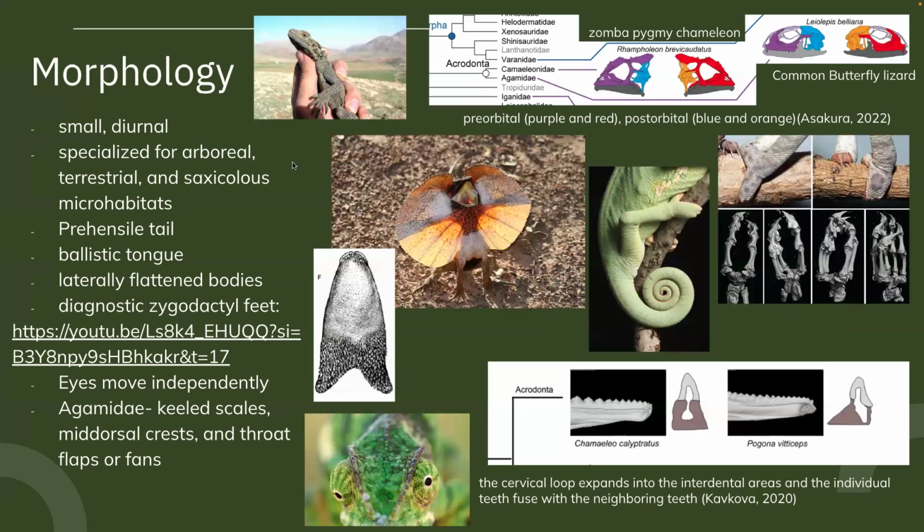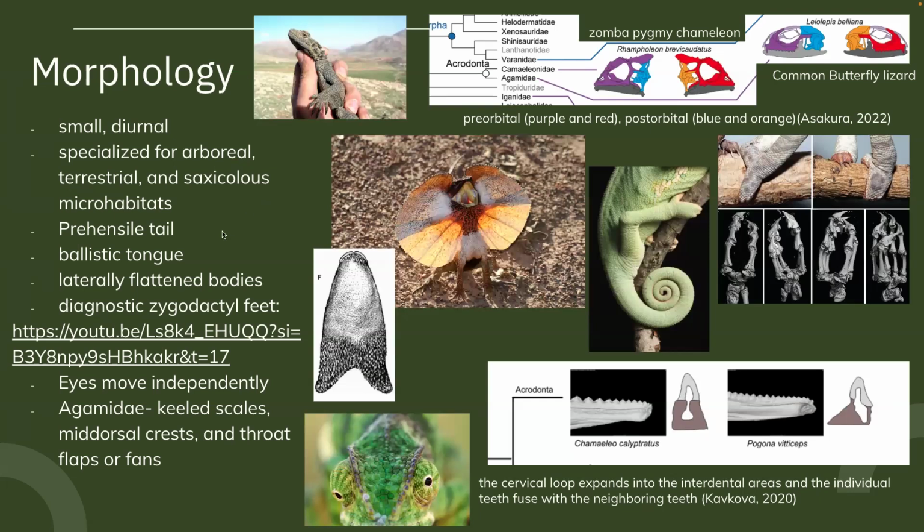Morphology. So these families are pretty much both small and diurnal, which means they're out during the day. They are specialized for arboreal habitats, which are living in trees and branches, terrestrial, just living on land, and saxicolous habitats, which are rocky habitats.